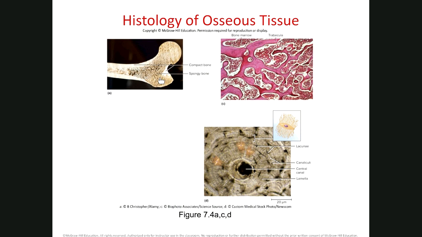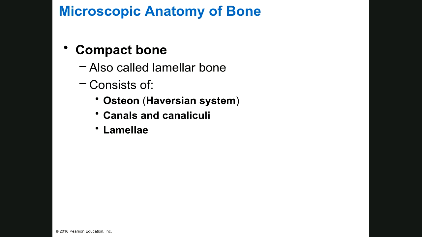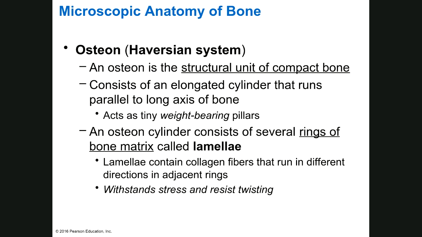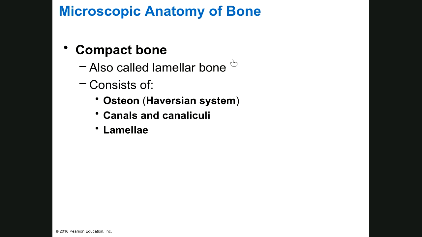A little bit on the histology of osseous tissue. What you're seeing on the right here is trabeculae. What you're seeing down here is an osteon. And the osteon has all these different parts to it. Okay, so compact bone.